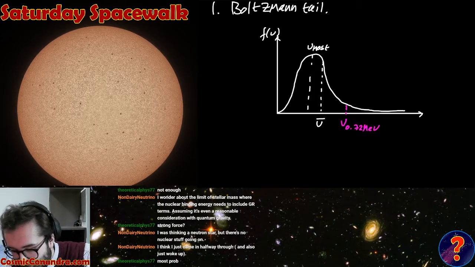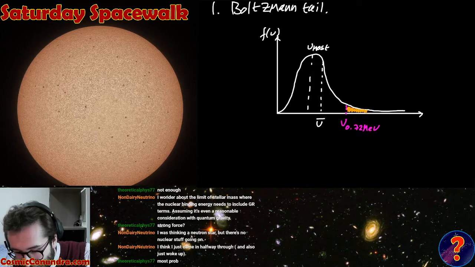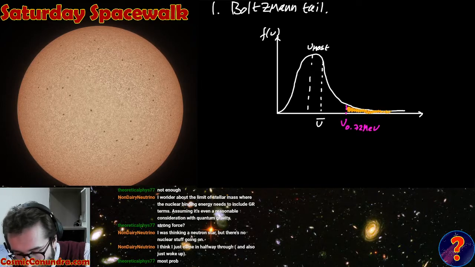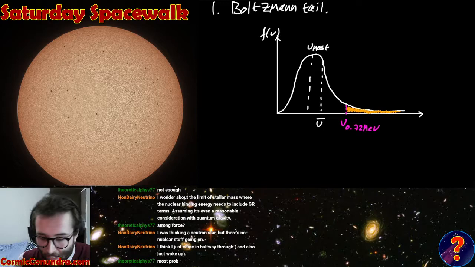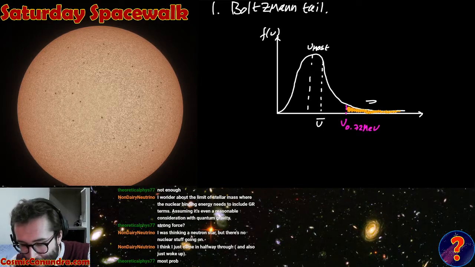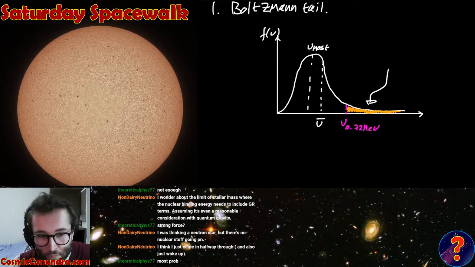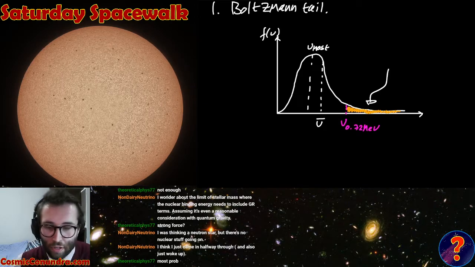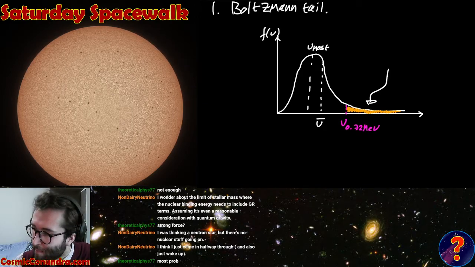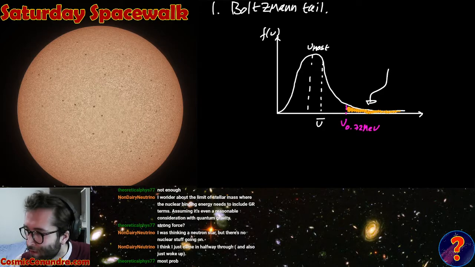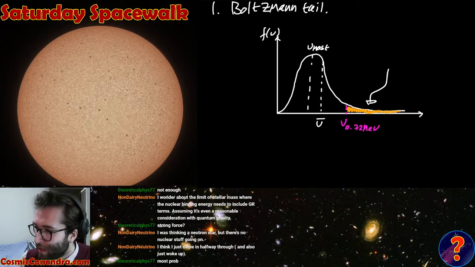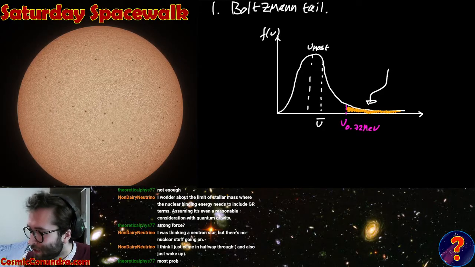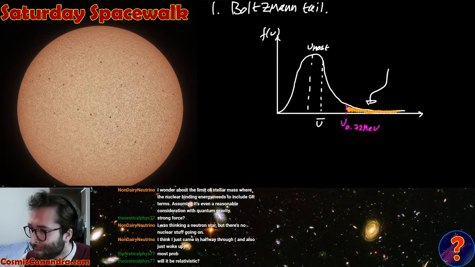There is a non-zero number of nuclei traveling with velocity greater than that. So there's this tail here, which says that some very small fraction of the total number of particles will be traveling that fast, purely from the random distribution of their velocities.